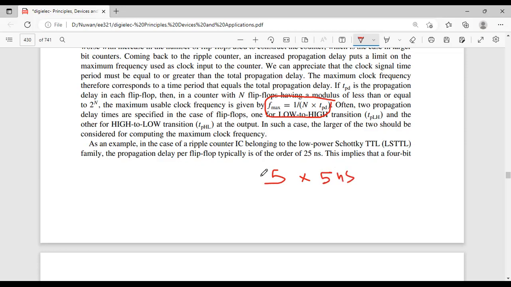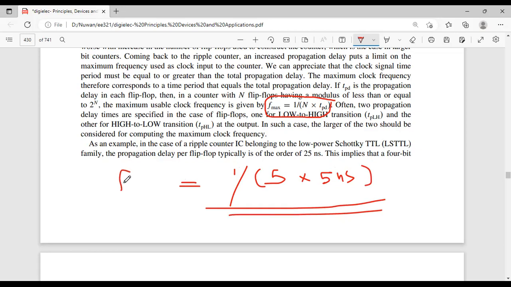If you multiply this 2 and divide it by 1, you will get the frequency, and that is the maximum frequency of counting. This is the maximum frequency of the clock pulses given to the circuit. Maybe you have to calculate, so it is very easy. Maybe 2 or 3 marks are there, so you can use this equation and get the answer.